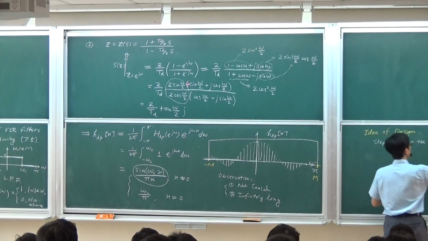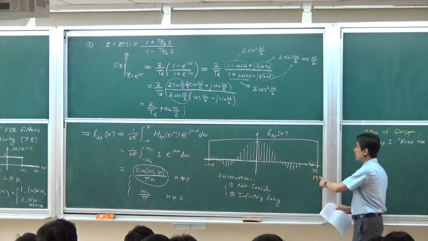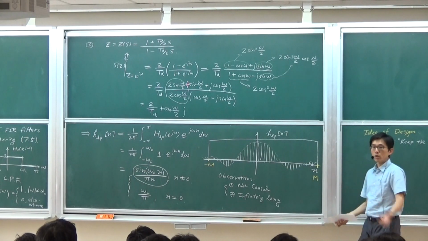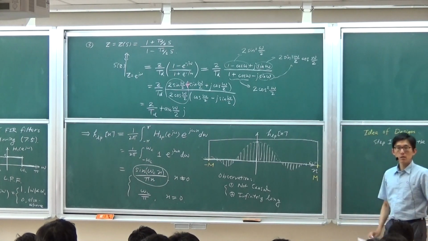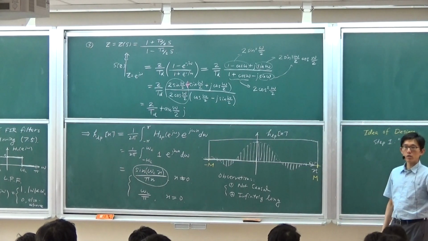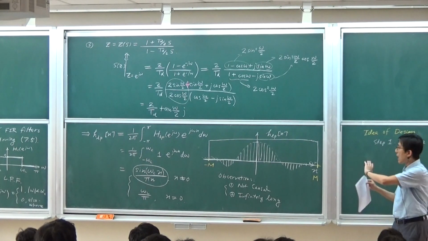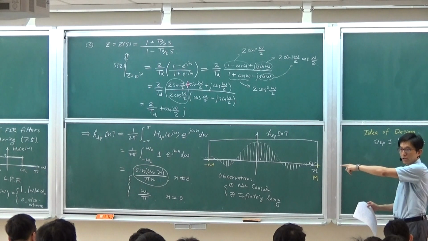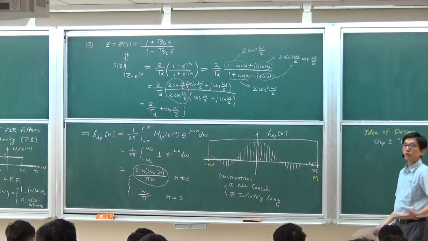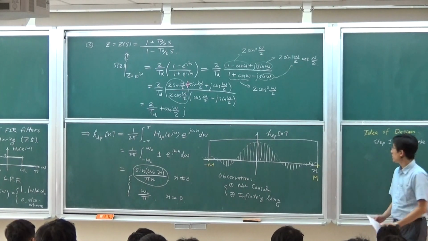So when we keep the middle part, that means that for everything outside the range minus N to N, we're going to just ignore it. We're going to just forsake, abandon, throw away anything that's outside our range of interest. We're going to sacrifice it. That's our idea.